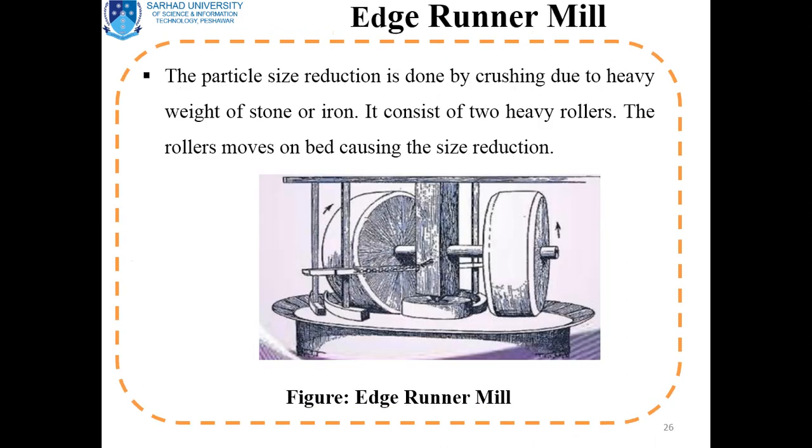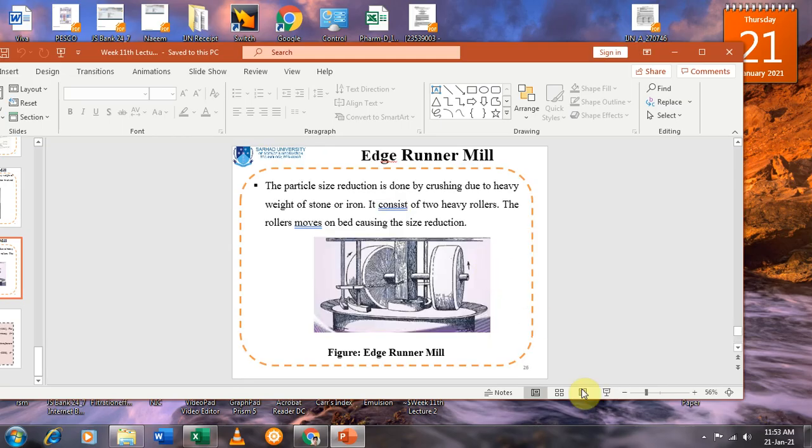And finally, in the edge runner mill, heavy rollers move on the bed of powder or feed, causing particle size reduction. Remember that the heavy rollers are made of stone or iron, and due to their heavy weight, the particle size is reduced.